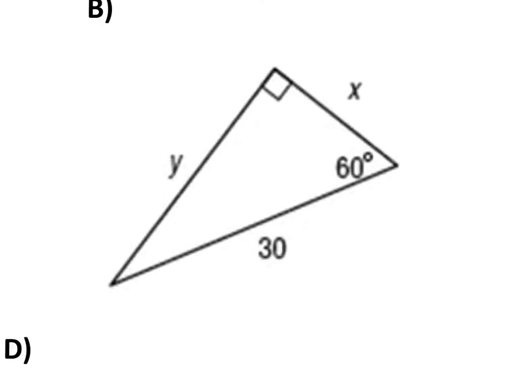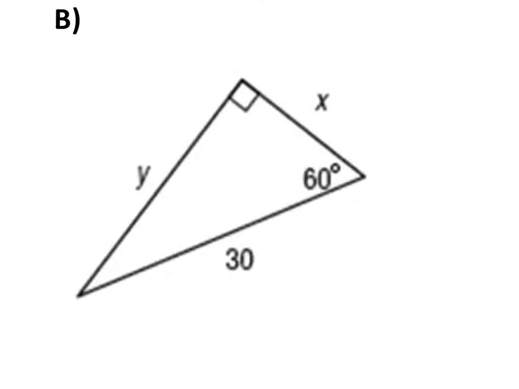Okay, let's look at B. Let's first identify the different parts. We've got the hypotenuse here. We've got the short leg because it's opposite the 30-degree angle. And then we've got the long leg. Well, if the hypotenuse is 30, we can go from the hypotenuse to the short leg by taking 30 and dividing by 2, which is 15.